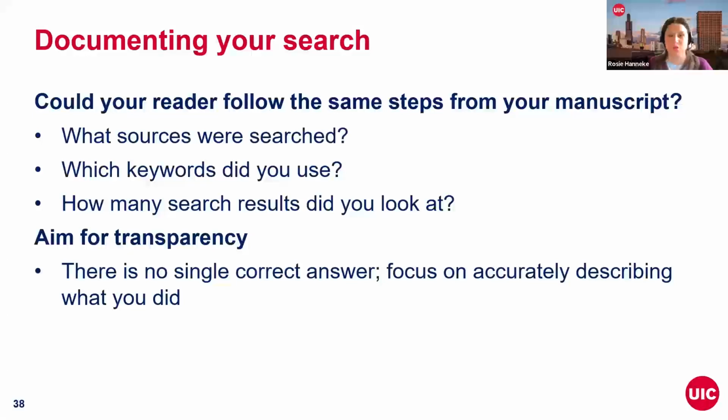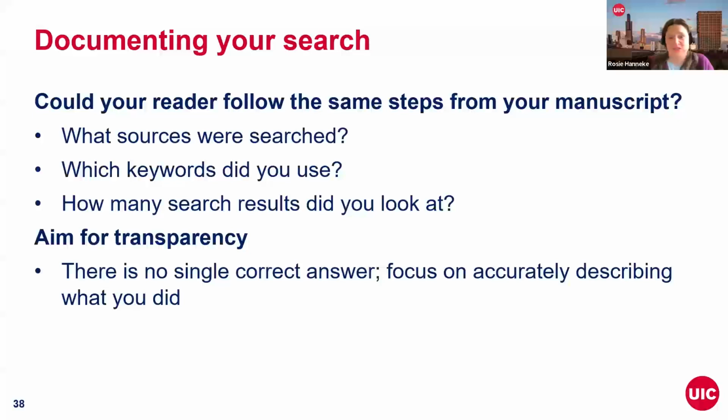So again, it's a gray area. This can really explode and spiral, especially if you're looking at something like research reports as opposed to clinical trial registers, which have more defined parameters. But whatever your decision is, be transparent about what you did search, and then ask yourself if your reader could follow the same steps from your manuscript.